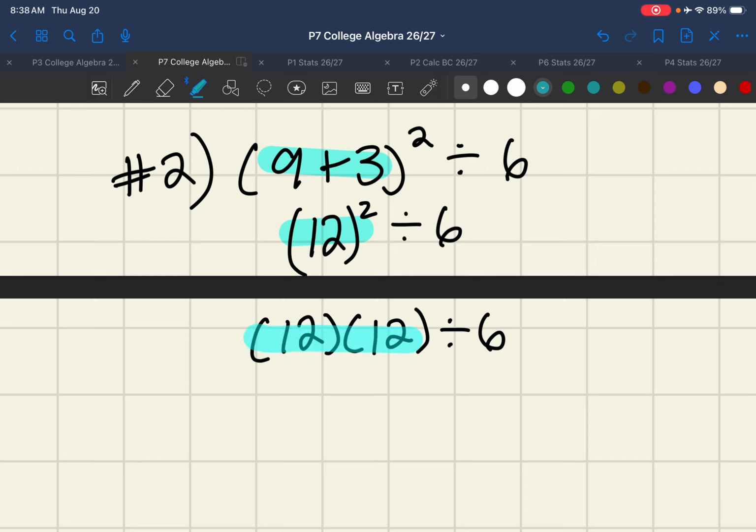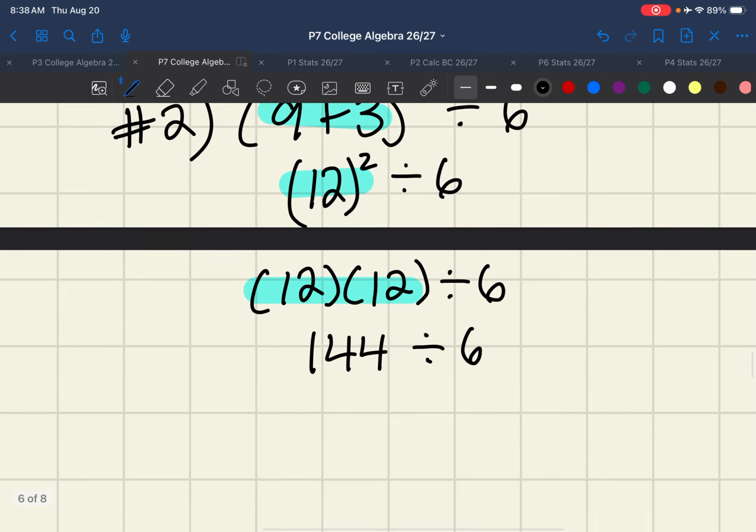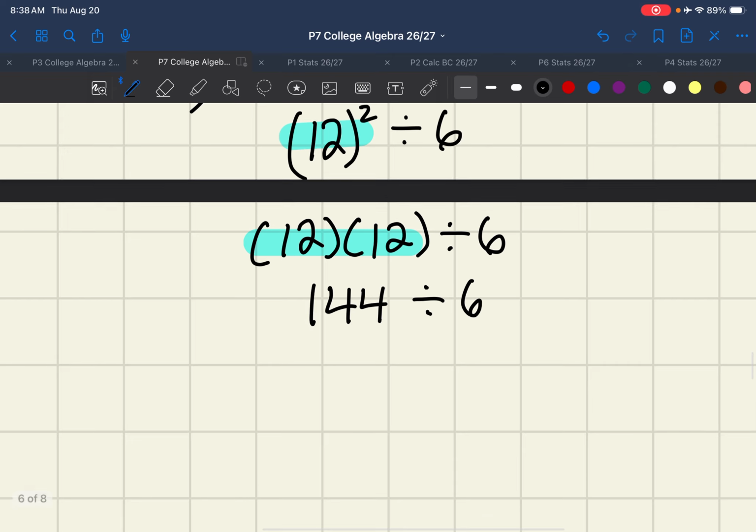Well, now I have multiply, that's first, and 12 times 12 is 144. Okay, then bring down the divide by 6. And then we have to do division. But since we don't have a calculator, we're going to have to remember how to do long division. So how many times can 6 go into 144? Well, first we look at how many times 6 can go into 14.